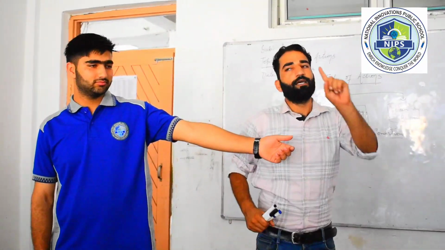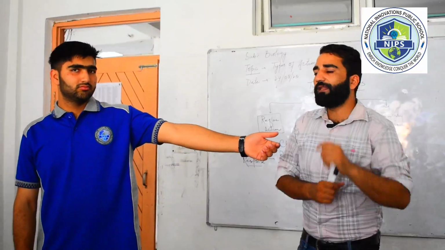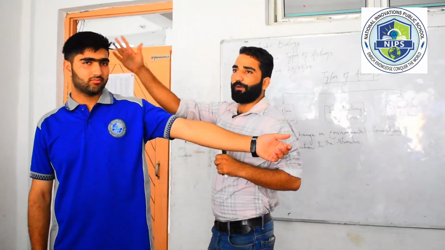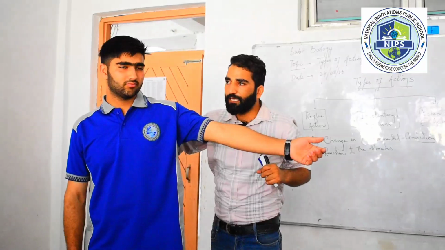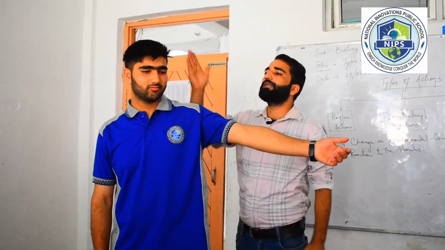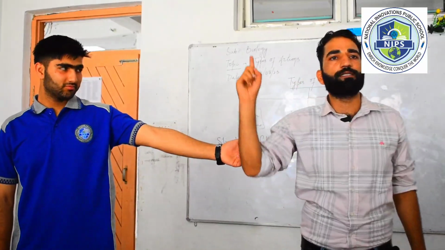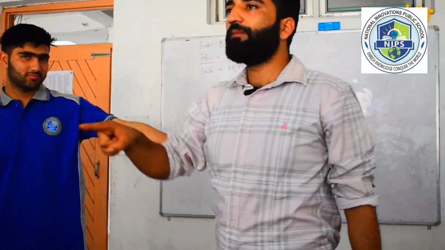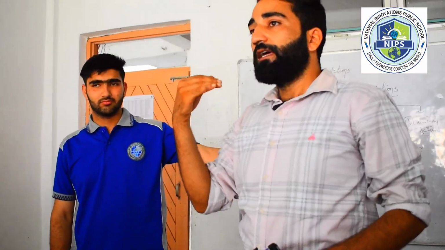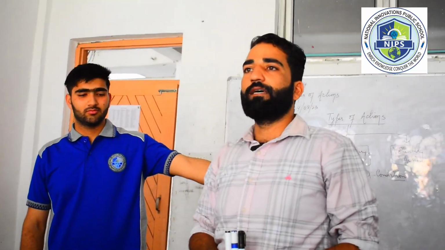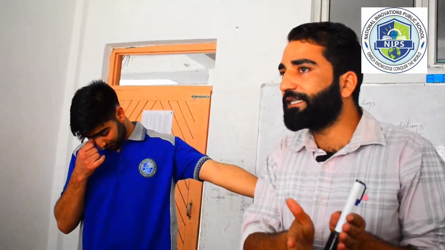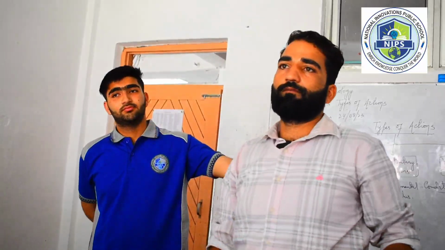Now understand the basic thing. This is not reflex action. This is the basic thing. Now what will happen when it reaches the spinal cord? From the spinal cord, the information will be transmitted towards the brain. When information goes to the brain, it is interpreted in the brain and is converted into motor neurons.